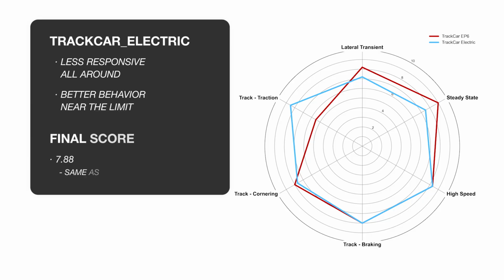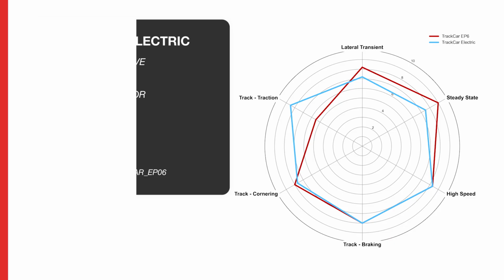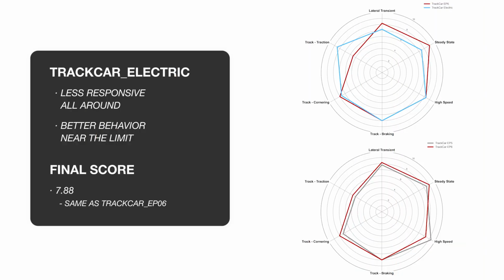Driving confidence a bit up, enough to even out the score that ended up perfectly matching the best combustion model at 7.88. A very satisfying result if we remember that one of our goals when creating the electric model was to make sure it was equivalent to the combustion version.